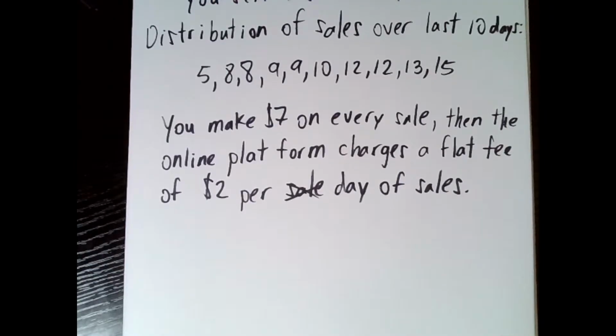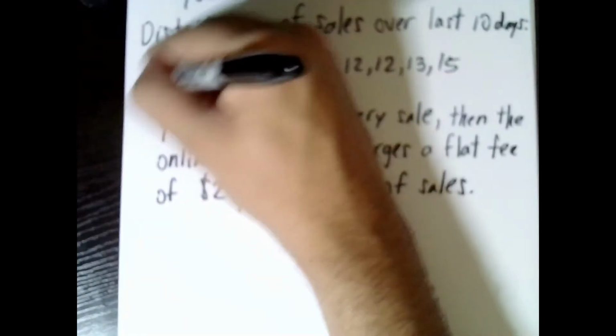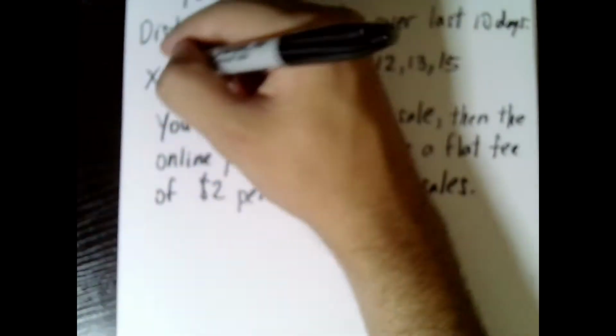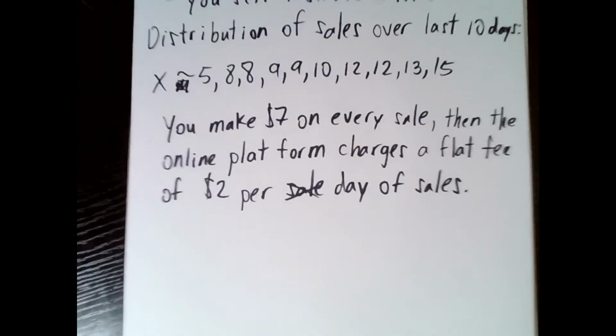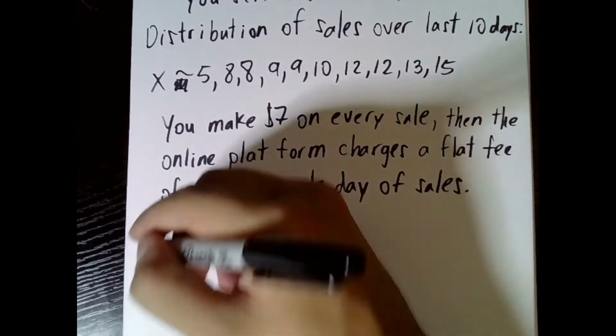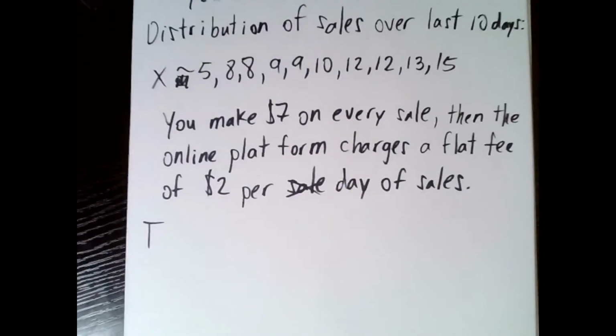Okay, so what does that mean? In essence, I have this random variable x up here, and x represents the distribution of sales over the last 10 days. Now, I'm going to introduce a new random variable and call it t, and t is just going to be the total profit.